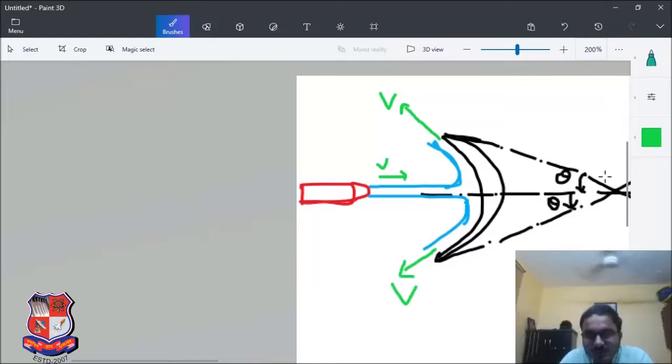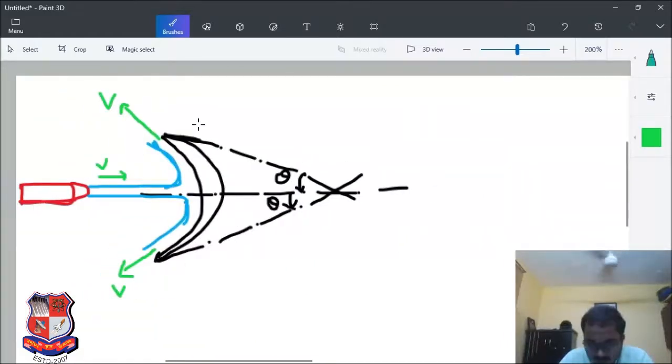Now the new thing out of this theory is, here we will have components of velocities.